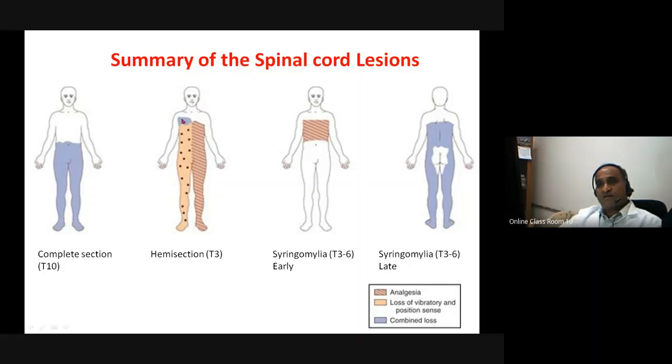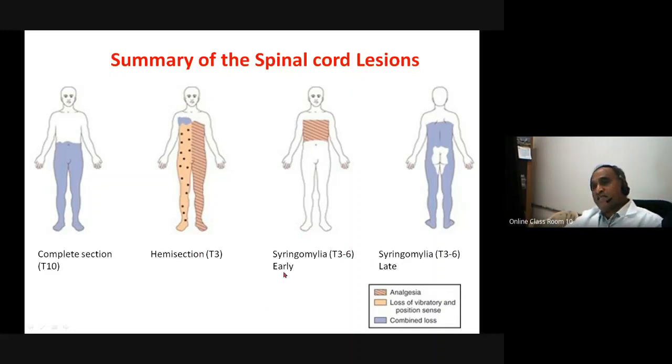Below the level of the lesion, all the muscles are upper motor neuron type. Ipsilaterally, the discriminatory sensations, the touch, vibration, and position sense, are lost. On the opposite side, there will be loss of the pain and thermal sensation. That is the hemisection. Then this is syringomyelia.